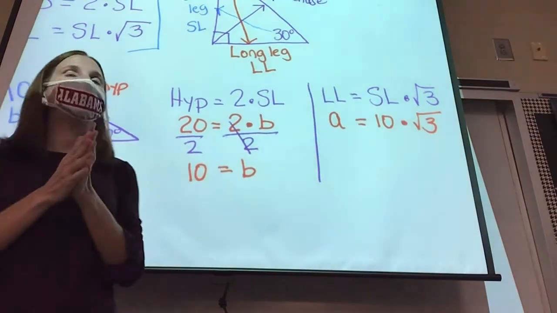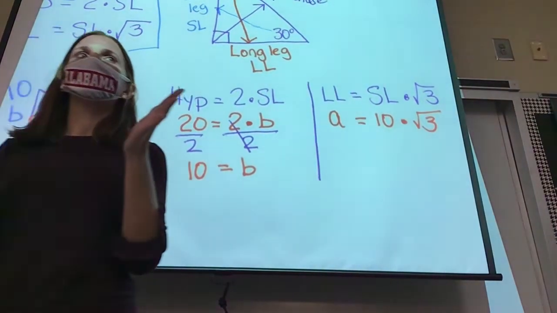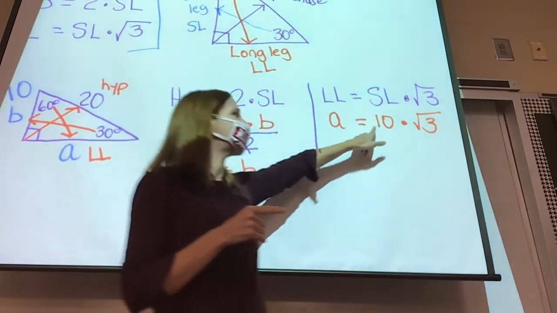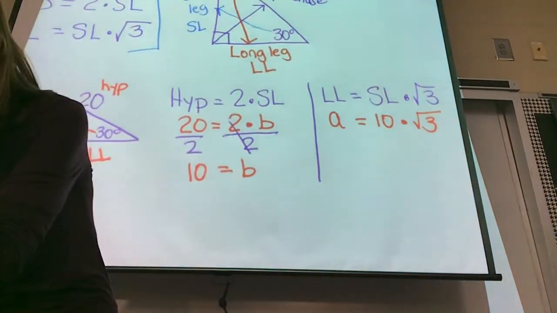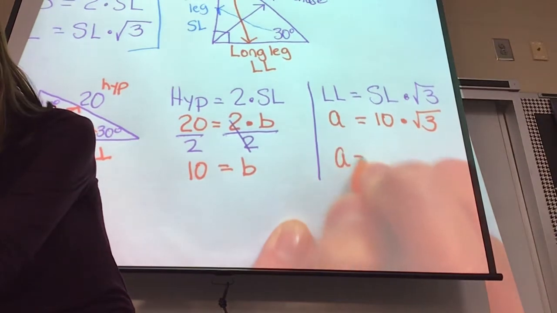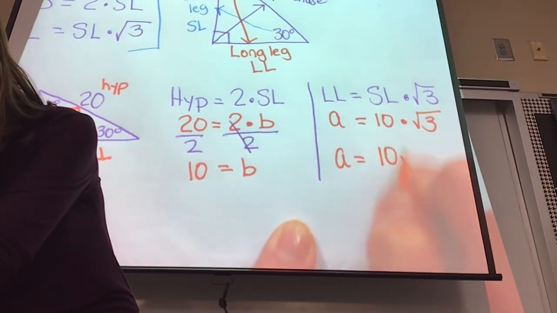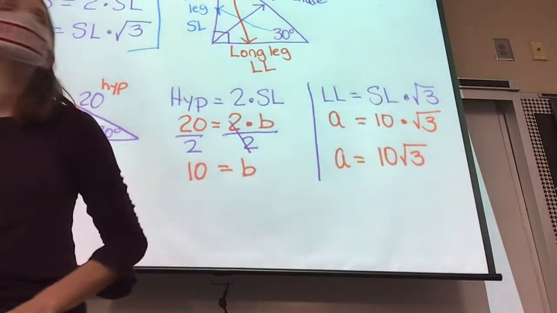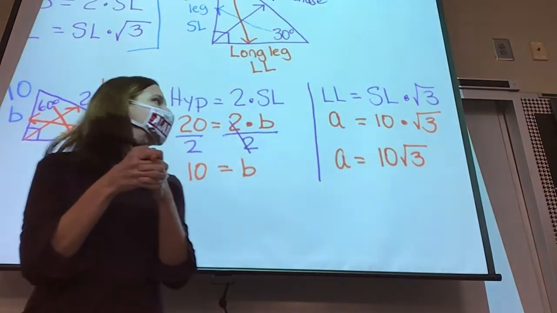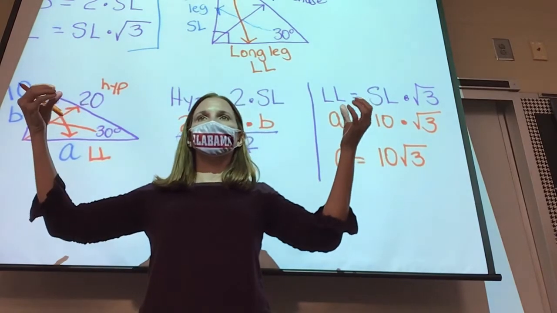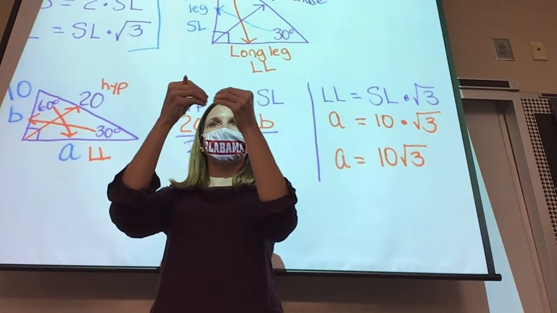Nope. You can't put it under the square root. You just stick them together. This stays on the outside, that stays on the inside. So it just becomes A equals 10 root 3, like this. It gets kind of suctioned together. It's like 10 is over here, square root is here, and they're kind of getting drawn together.